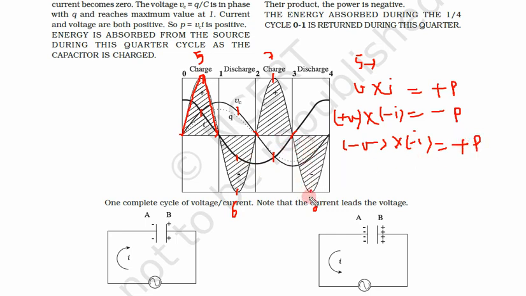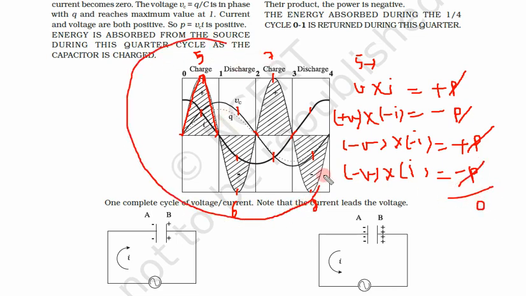At point 8, at this last point, current is again positive, but voltage is still negative. So minus V into positive I, we get minus P. So total power consumed in this cycle is plus P minus P plus P minus P, that means 0. In this way we learned that average power consumed in a complete cycle by a capacitive circuit is 0.